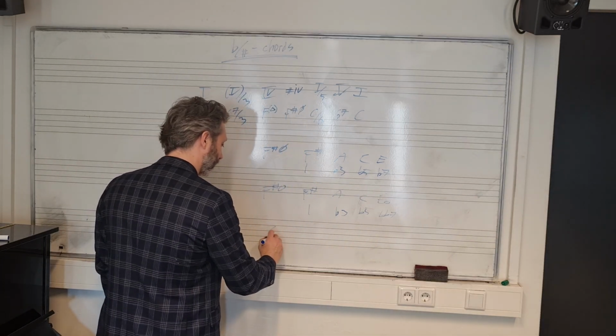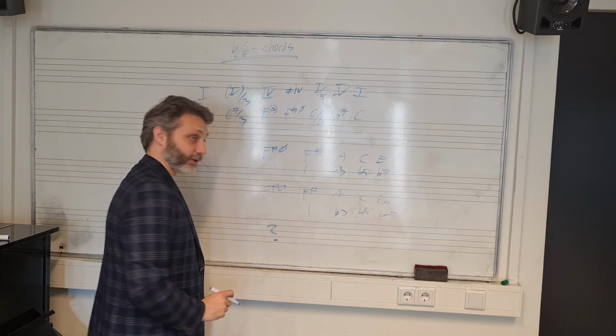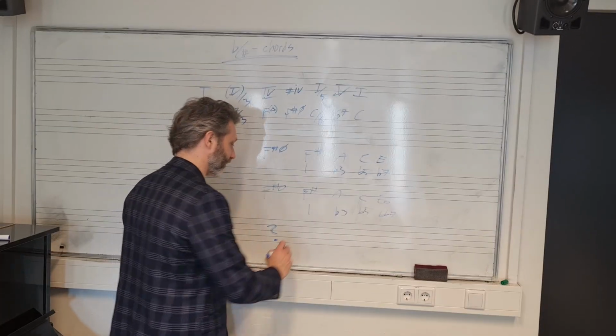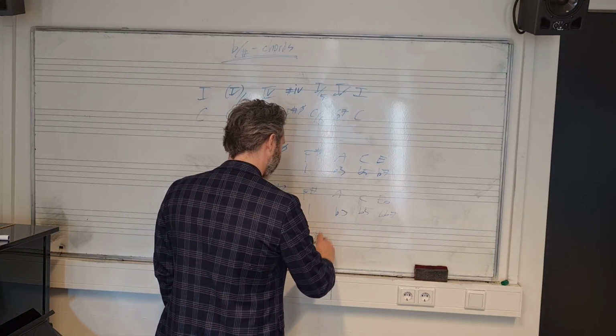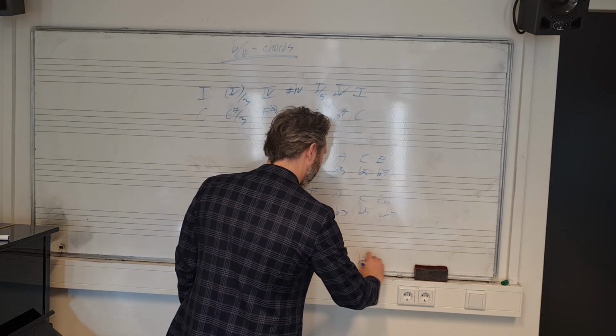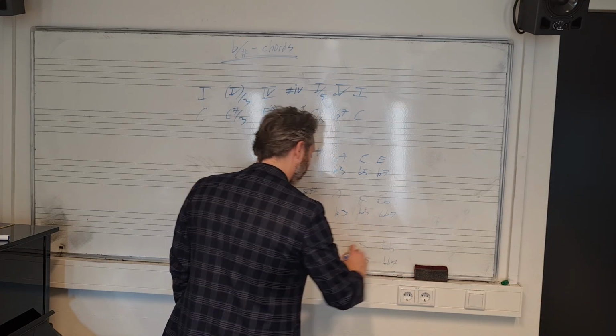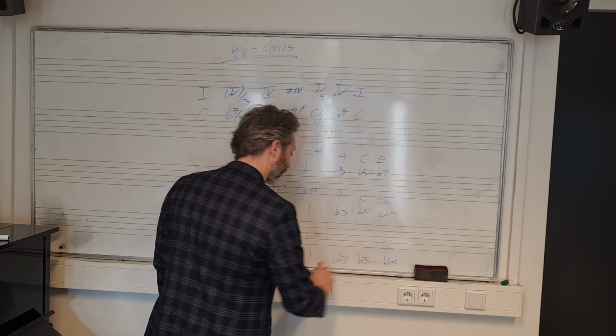There's no symbol for double diminished. So if we go to F sharp double diminished, the idea is that we don't just have a diminished 5th and a diminished 7th, but we also have a diminished 3rd.